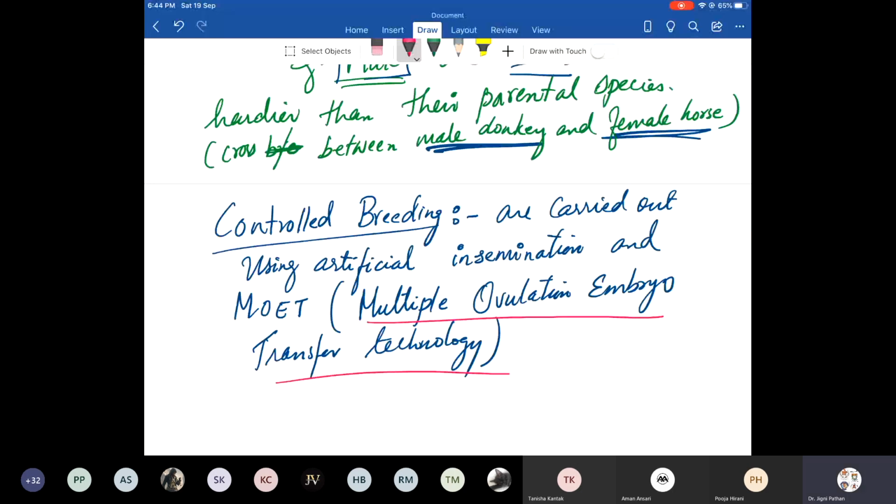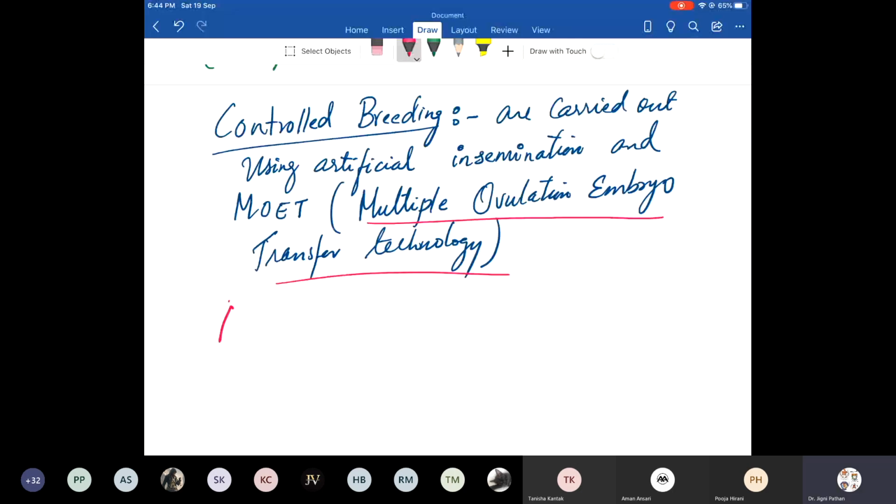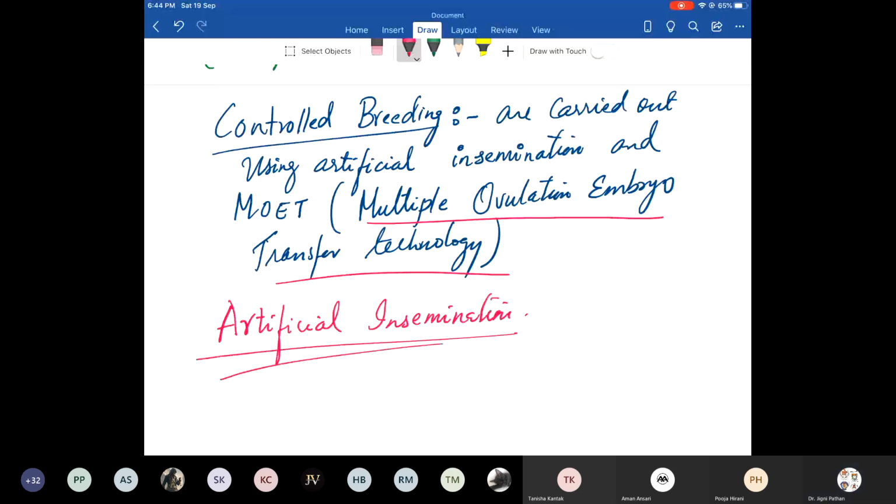What is artificial insemination? You know this, right? Do you know what insemination is? Have you studied this before? Yes, we have studied it. In which chapter?